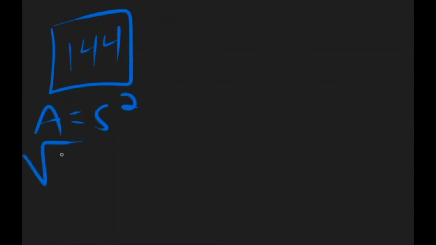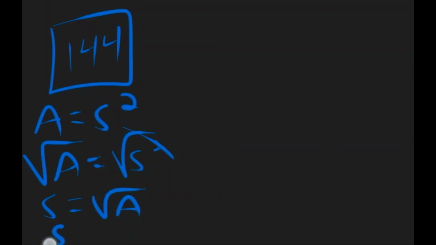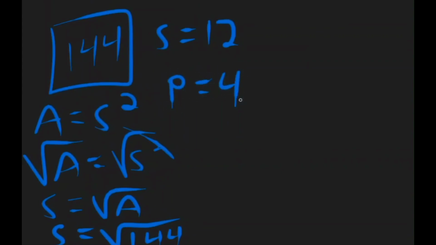Take the square root of both sides. Cancels out. So side equals the square root of the area. So the side equals square root of 144. The side of this square is equal to 12. So to find the perimeter, we take perimeter equals 4 times the side. So the perimeter equals 48.